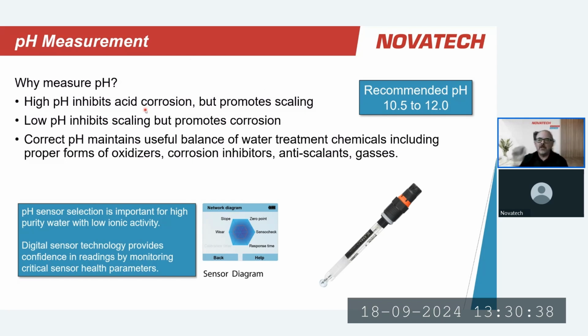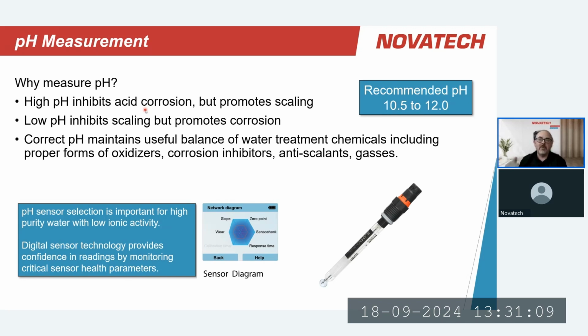There's an optimal region where we minimize acid corrosion and we minimize scaling. And outside of that window, one or two of those things starts to take over. If we go too high, then scaling becomes a factor. If we drop down too low, then corrosion becomes a factor. So there's that window. There's a sweet spot of operation between 10.5 and 12 that we're always targeting with these types of water steam treatment processes.